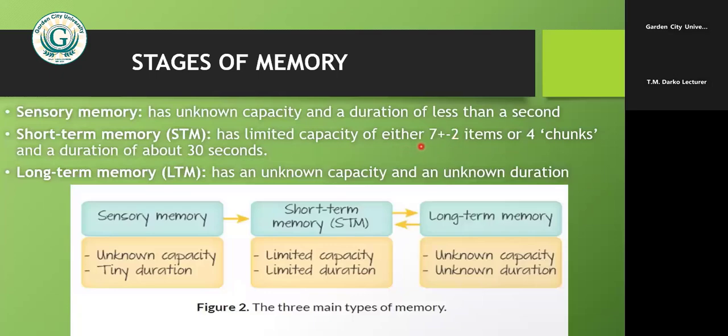Now, the amount of information that is stored is 7, take or give away 2. Does that make sense?